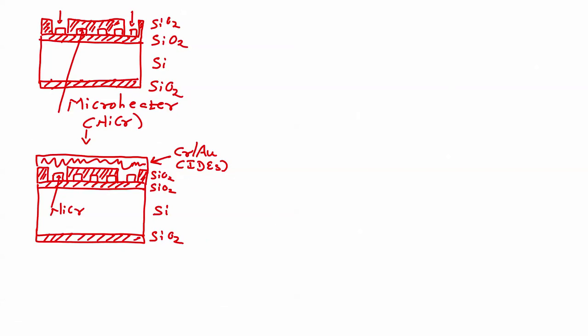What is the next step? Next step we all know, right. What is that? We have to spin coat a photoresist. This is my positive photoresist, I have spin coated it.